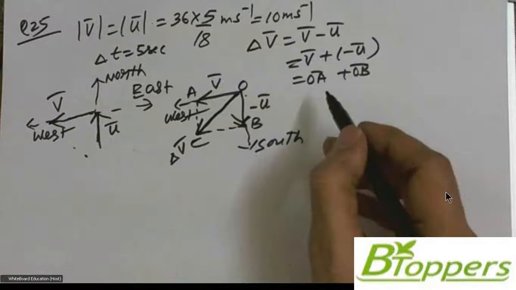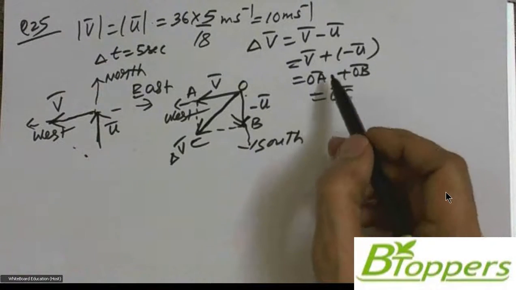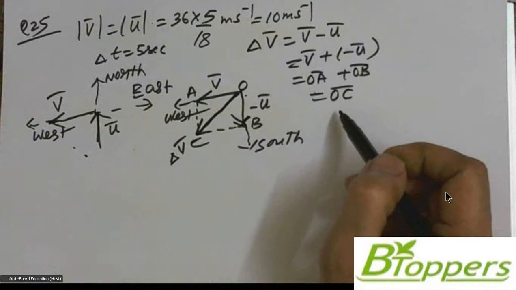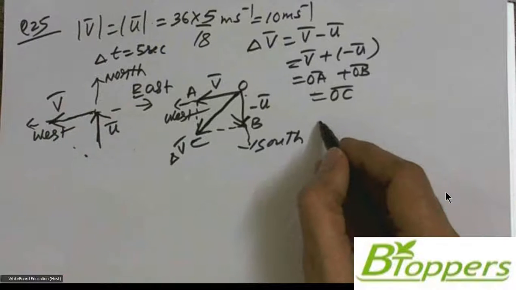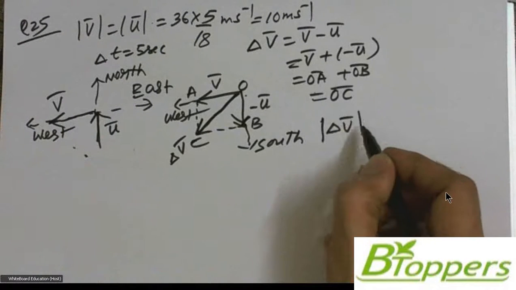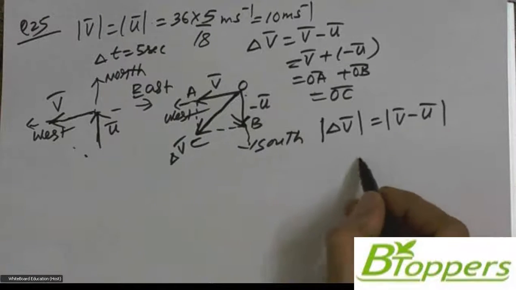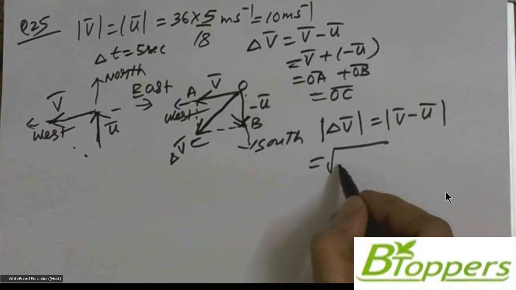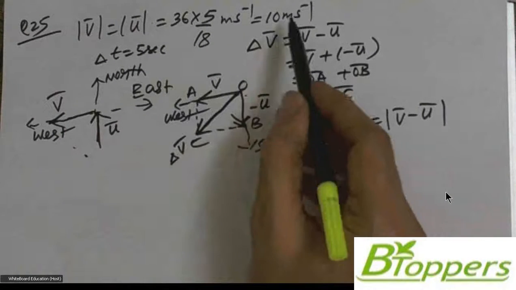So OACB is a rectangle in this case. So the resultant of OA bar and OB bar will be equal to OC bar, which acts towards southwest. So the magnitude of change in the velocity is equal to mod of V bar minus U bar. Here V bar is perpendicular to U bar. So mod of V bar minus U bar is root of V square plus U square.